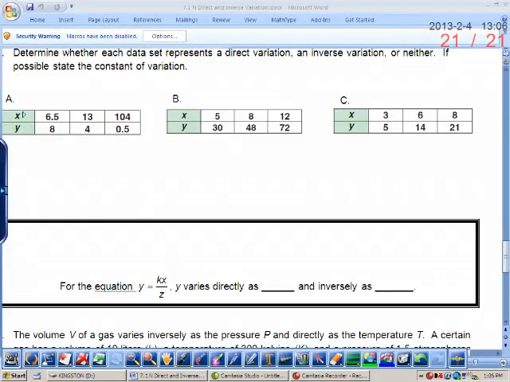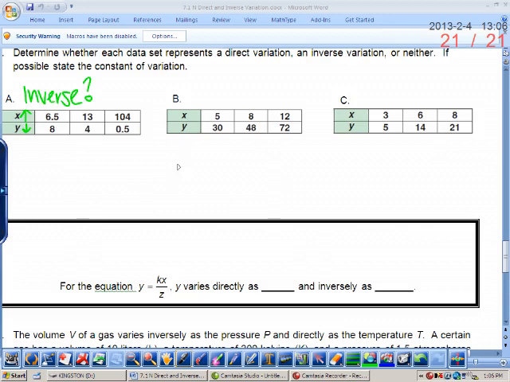So in table A, as X increases, what does Y do? Decreases. So which of those could that be? Direct or inverse? Inverse. So my goal is to see, okay, is this inverse variation or not? How do you think I could test that? Plug it into what?